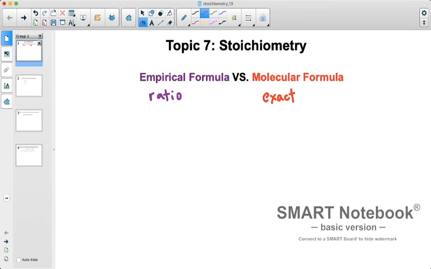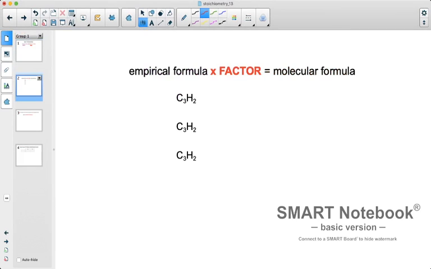Now, the empirical formula and the molecular formula are connected specifically by a factor. Really, what we say is that the empirical formula times a factor will give us the molecular formula. So if we have the empirical formula of C3H2, we can multiply by any factor. And that factor is always a whole number.